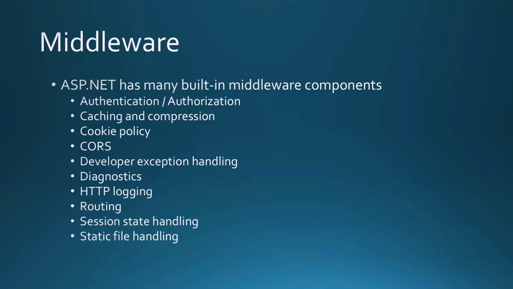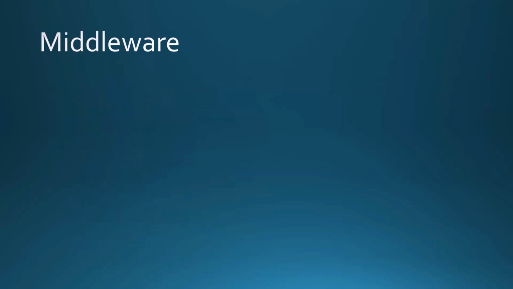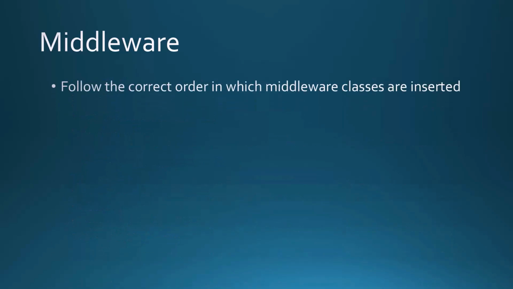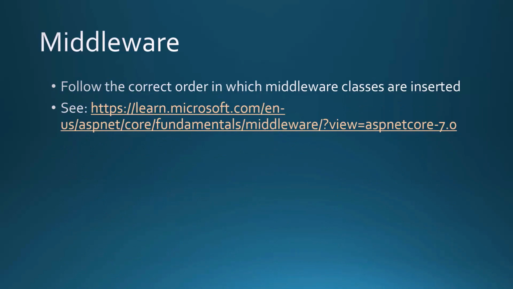There are others as well, but these are the ones that you'll probably use most often. You'll use some of these when you're doing websites, and some of them when you're doing web APIs. Middleware has to be inserted in the correct order, and you must follow that order. So I've got a URL here that you can go out and take a look. It has a great overview of where middleware must go in this pipeline stack.